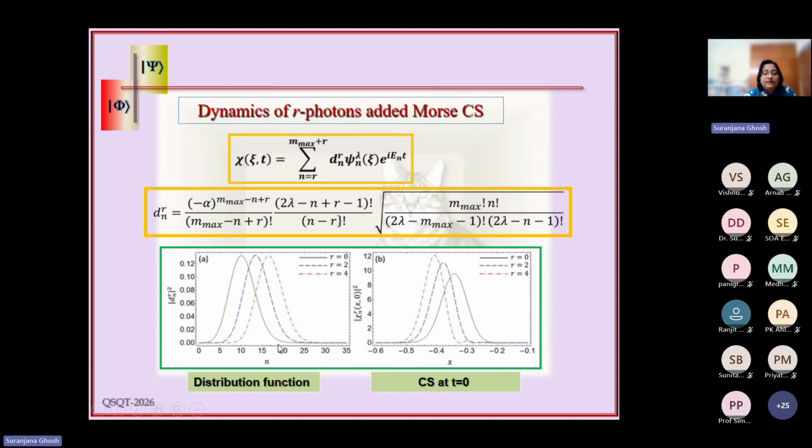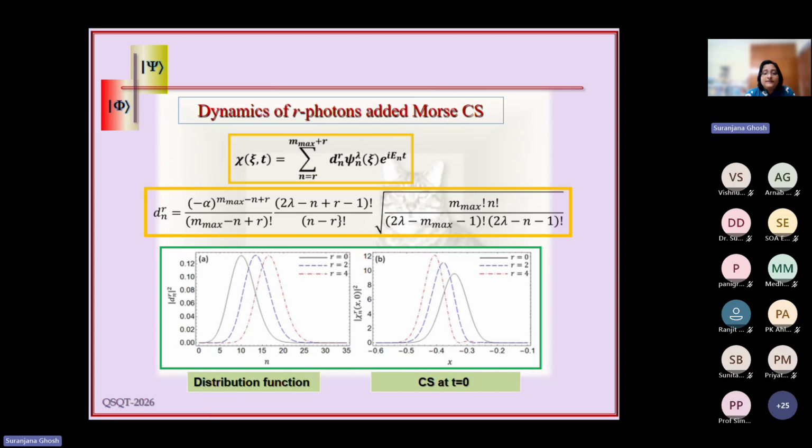Depending on that, when R is 0, the lower levels are contributing, and when R increases, it moves towards the higher levels. The corresponding initial wave packet is shown here.